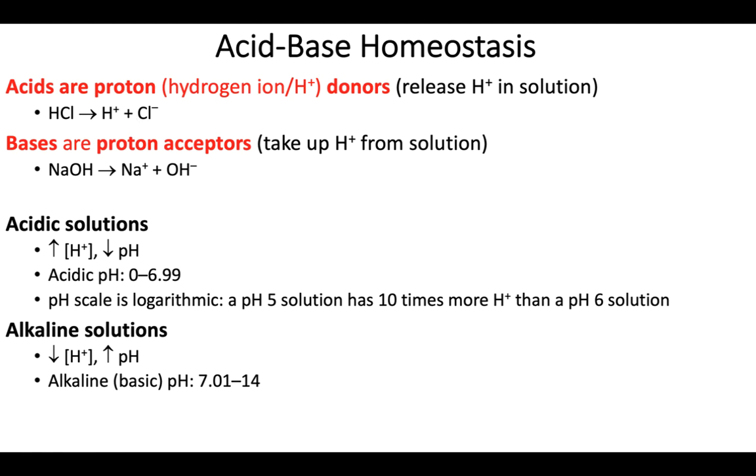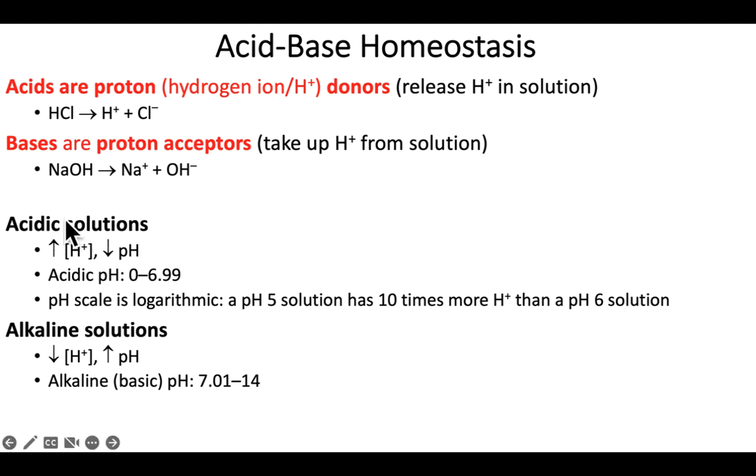Bases are proton acceptors, so they will remove the proton from the solution. So sodium hydroxide uses this hydroxyl ion to bind the hydrogen ion and remove it from solution. So that base will lower the amount of hydrogen ions in the solution and therefore raise the pH.